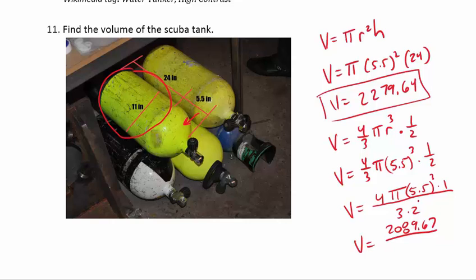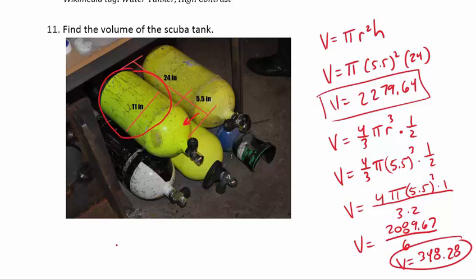And in the denominator I have just 3 times 2, so that's going to give me 6. So I'm going to take that 2089.67 and divide that by 6. And so that's going to give me the volume for the top of this tank as 348.28.